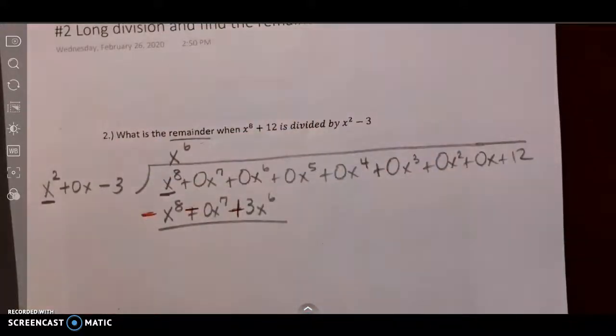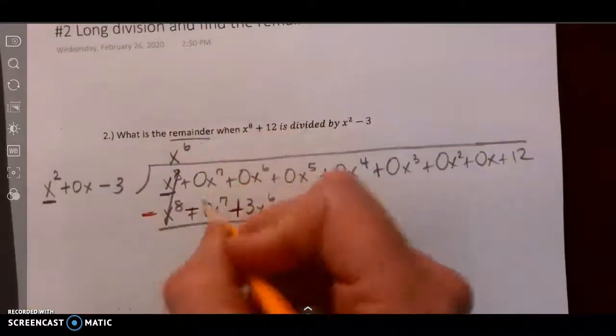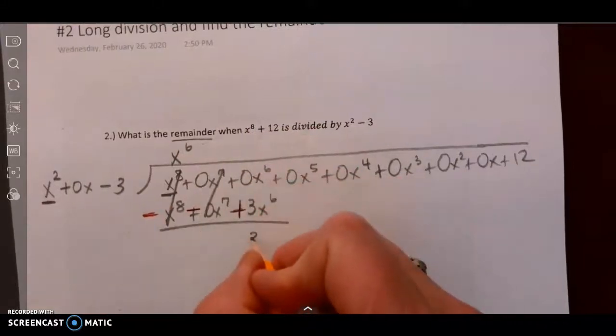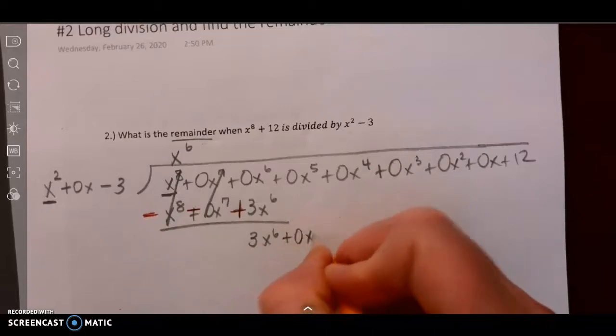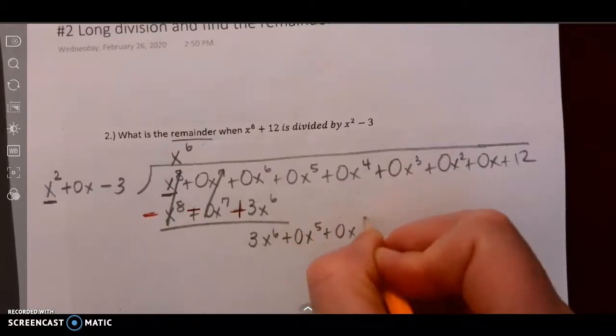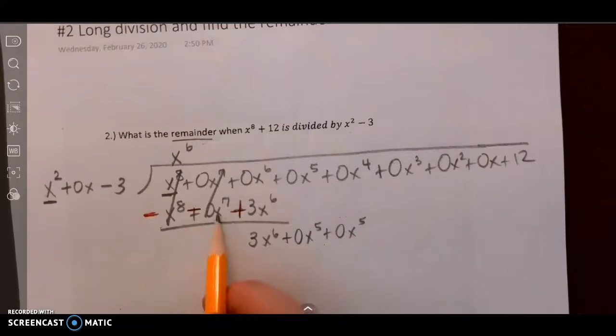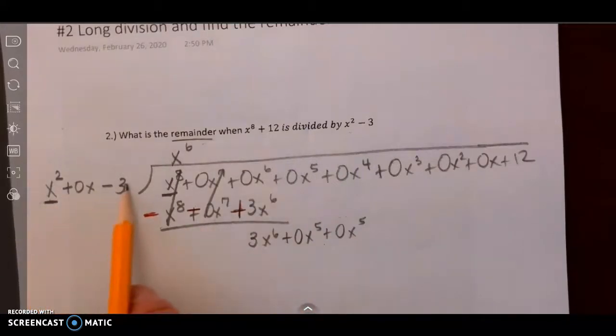And since I changed my signs, I can add. I get 3x to the 6th. I'm actually going to need to carry 2 down since both of these canceled out, because since this has 3, I need 3 here.